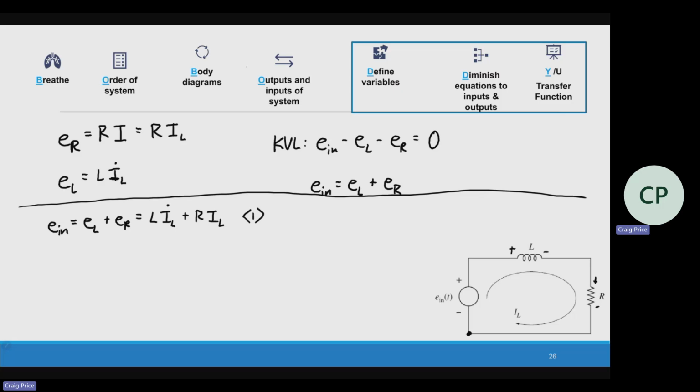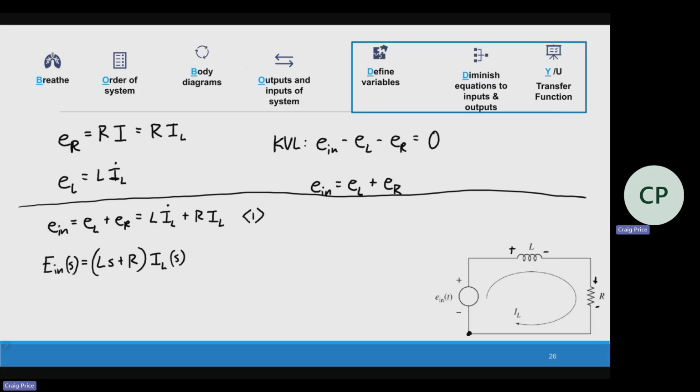The last thing is creating the transfer function. So we can put this in the S domain, and that allows us to combine. Dot becomes S, then we can combine all like terms.